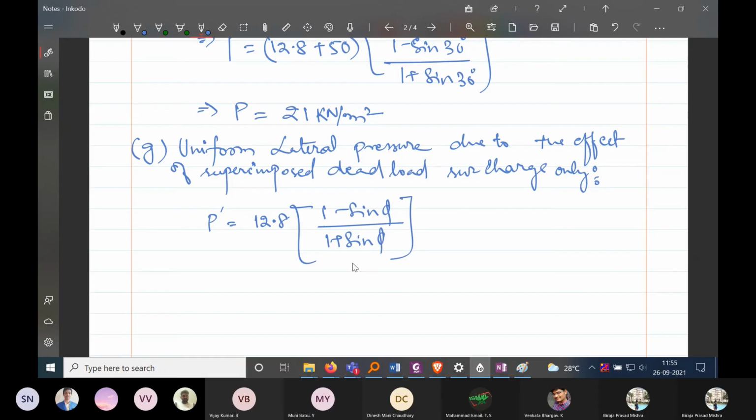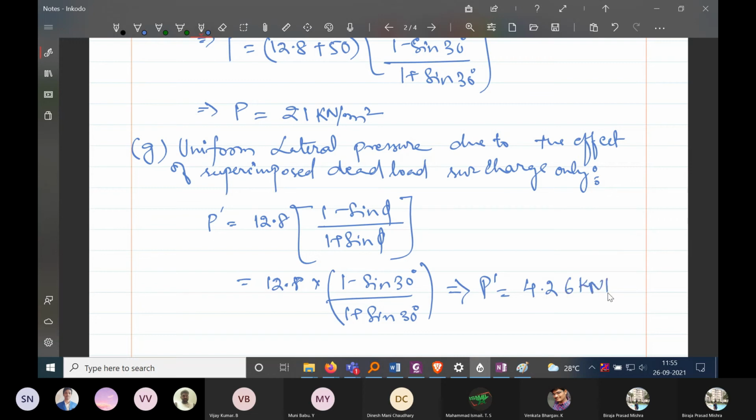So it is 12.8 into 1 minus sine 30 divided by 1 plus sine 30. So this implies P dash equals 4.26 kilonewton per meter square.